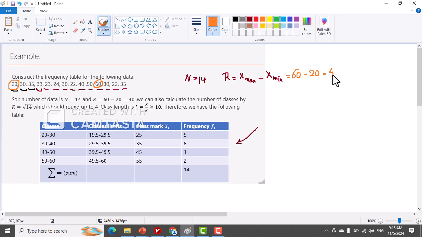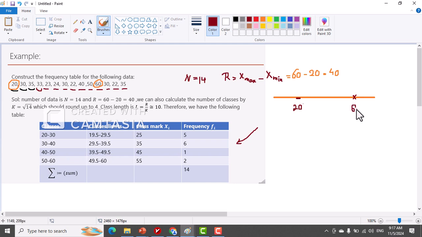That means the data range between 20 and 60 if I consider the data in one line. If I assume that we can put all the data in one line, then I can say the data lie between the number 20 and 60. I can assume that this point is 20, the smallest data that we have, and the biggest one is 60.